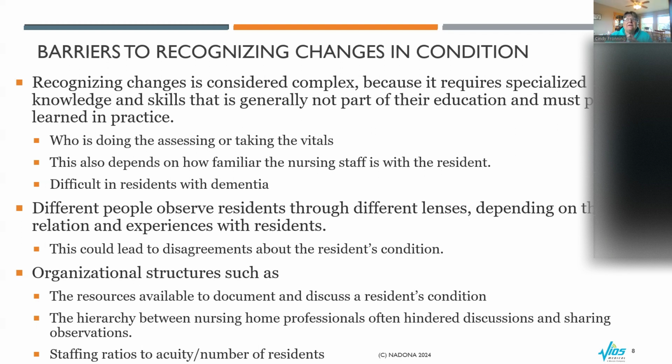And lastly, of course, is our staffing ratios. Do we have enough staff to take care of the acuity that we have in our buildings? That one can play a huge role when you're thinking about a barrier. So again, we need to know, what kind of barriers do you have in your building? What are you having to deal with?